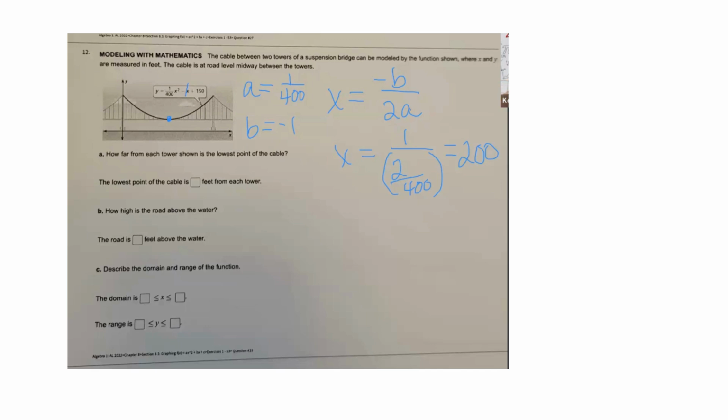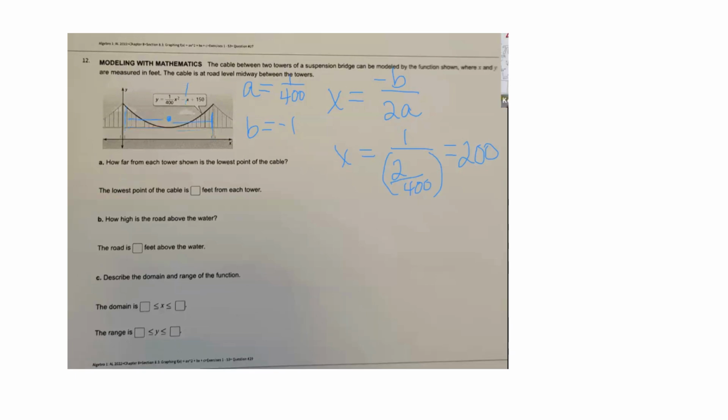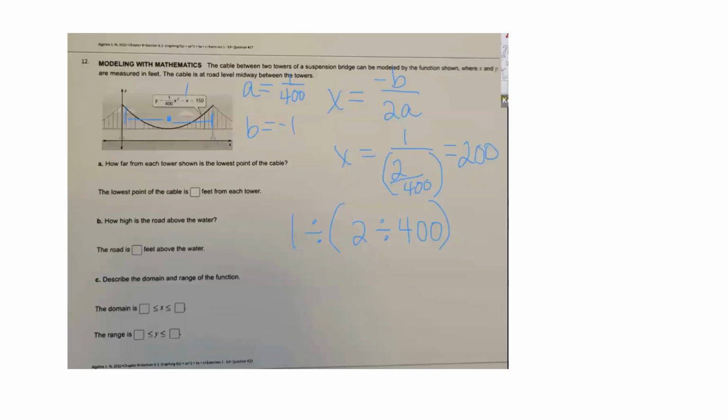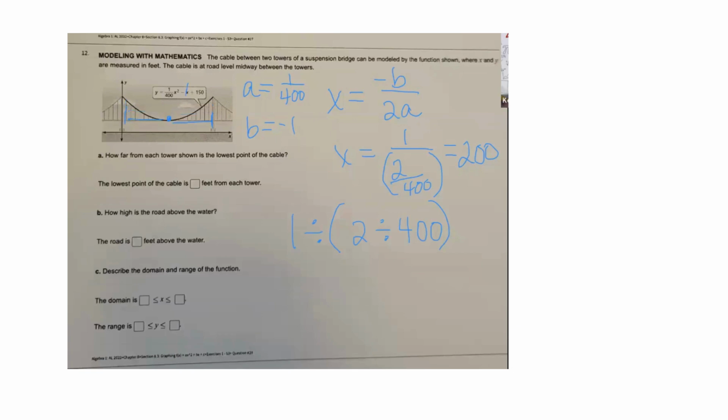I guess it is how far from each tower, or it's like in distance like that. That's different. I think maybe what they're doing is using this as 0, 0. So maybe pretending like that is 0, 0.